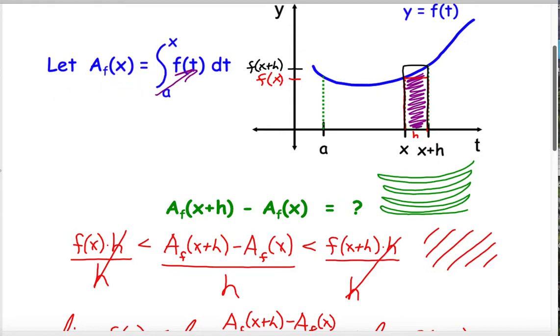And all of a sudden we're making a connection between derivatives and integrals. So this integrand function, the function that represents the area under this curve, is the antiderivative of this function f.